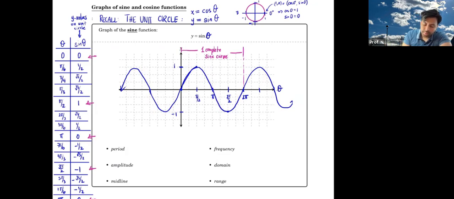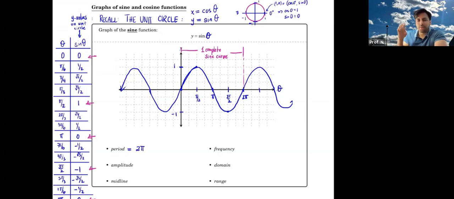Now, what is my period? Now, in a sense, we can treat the independent variable, which in this case is theta, like time, right? So we can make more of a connection with it. So the time here that goes by to see one full curve is 2 pi.